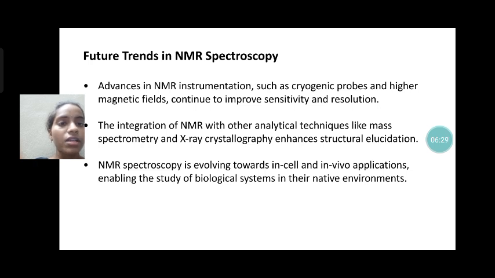The integration of NMR with other analytical techniques like mass spectrometry and X-ray crystallography enhances structural elucidation. NMR spectroscopy is evolving towards in-cell and in vivo applications, enabling the study of biological systems in their native environments.